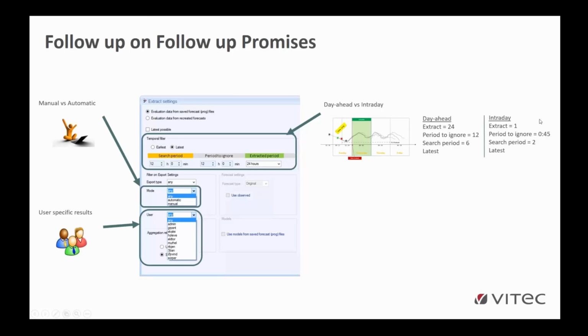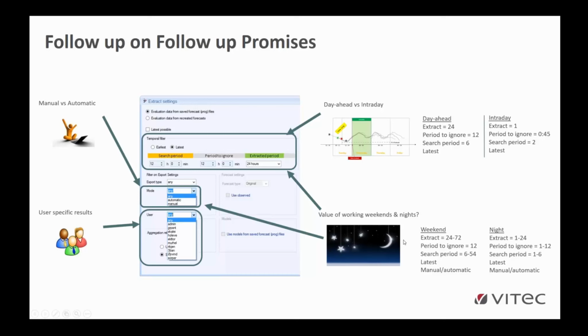And here also you have the value of working weekends, nights, as I was talking about. So you can both choose. You can look at it from the manual and automatic perspective. And you should also set the temporal filter right, so you should prolong the search period, and so on.